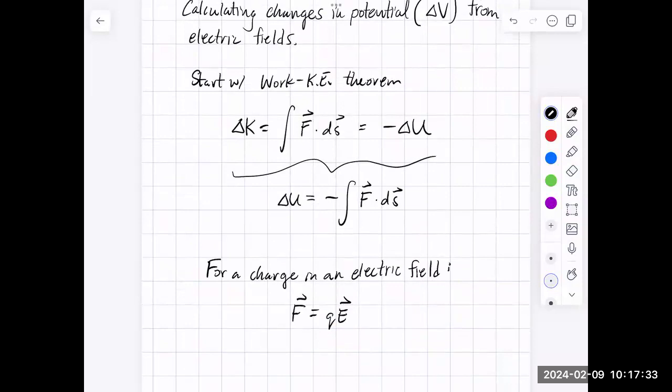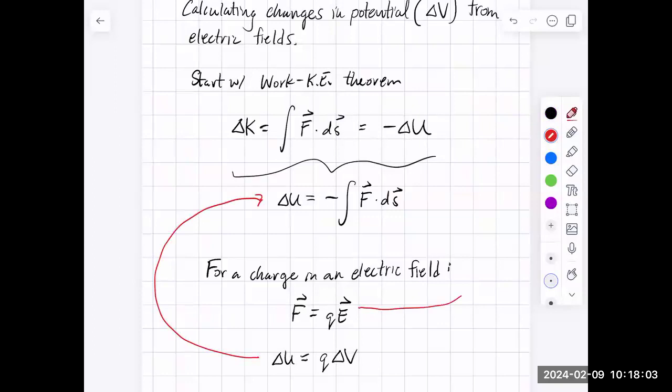I place a charge in an electric field, the force it experiences is just that electric field times Q. And we've just worked out now in our little table that we could express potential energy in terms of Q times an electric potential. And so what I'm going to do is we're going to make these substitutions into this expression that we got from the work kinetic energy theorem.